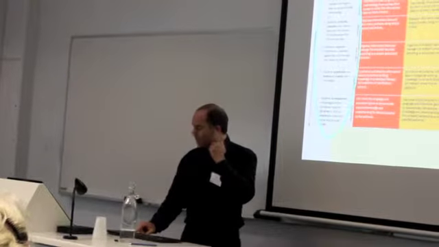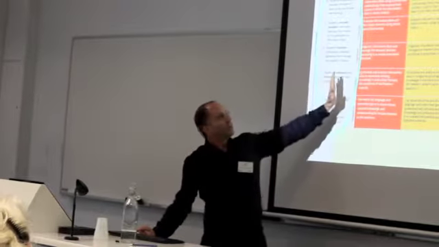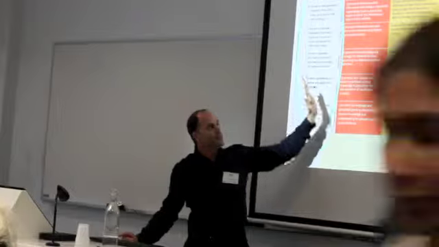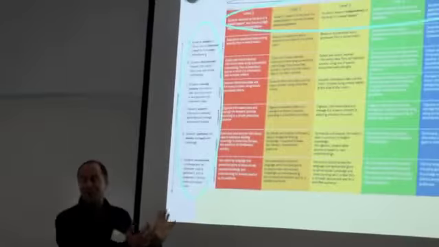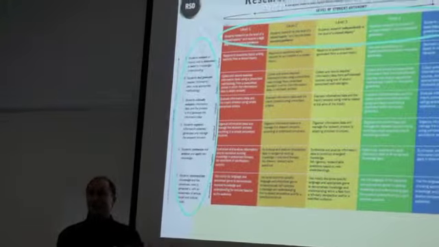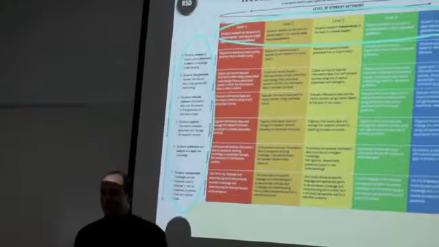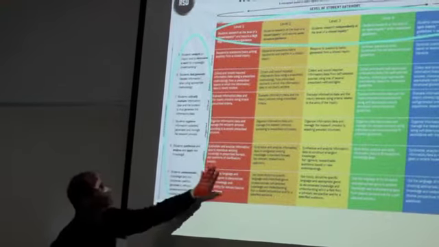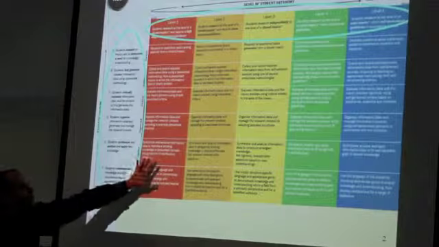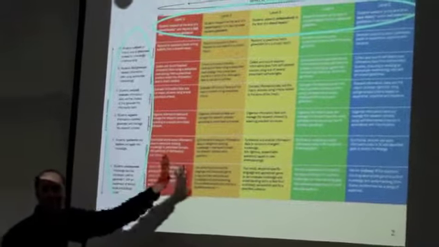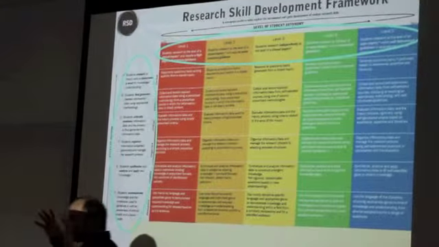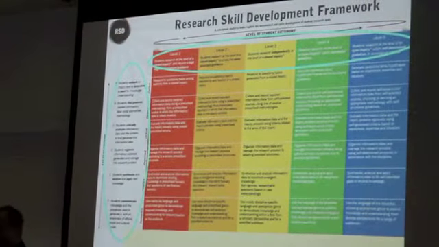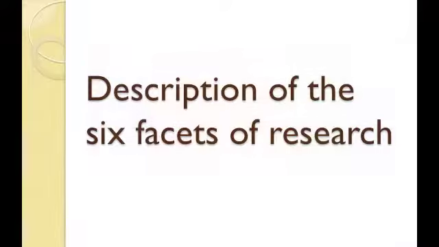So I'll just quickly review those. And what we've done in this framework is elaborated those 6 into 5 degrees of autonomy. That is, how much structure and guidance do students need to be engaging in research processes, from the highly prescribed, closed-ended level 1, red, to the blue end, level 5, which is open-ended, student-determined, students initiate.